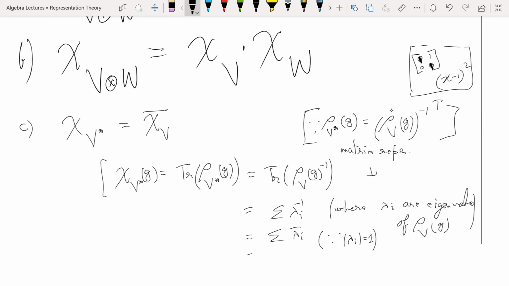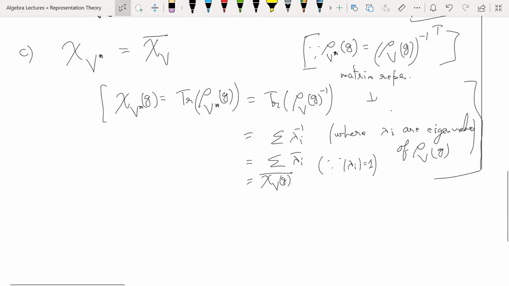So it is chi_V bar. So the dual character is just taking the conjugate. So it's easy to write down the dual character as well. Okay, and then what was the last thing?